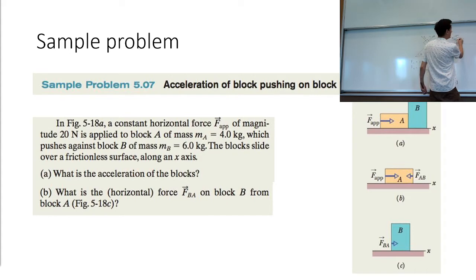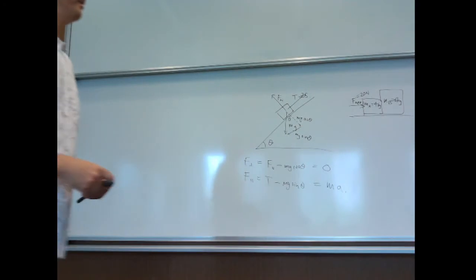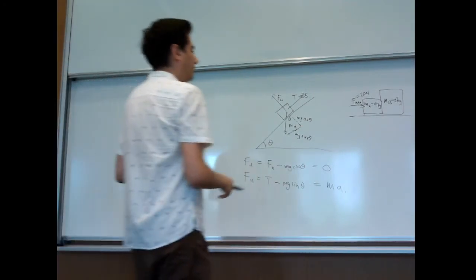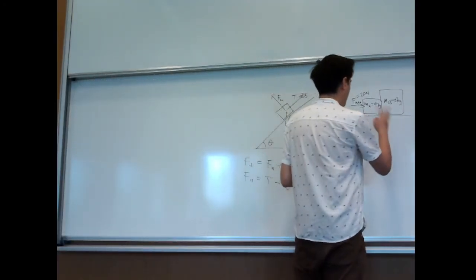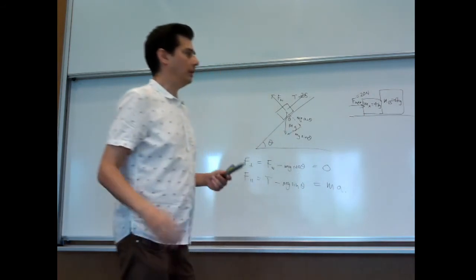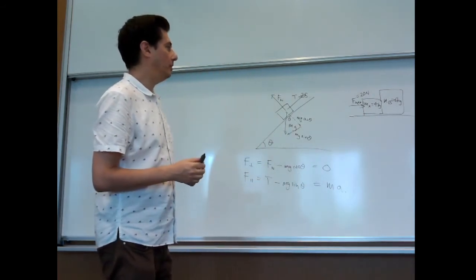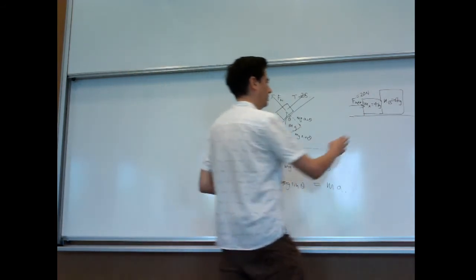This one is 4 kilograms. Got another block here, 6 kilograms. And so to look at the other forces involved, you need to think of the forces at the interface.